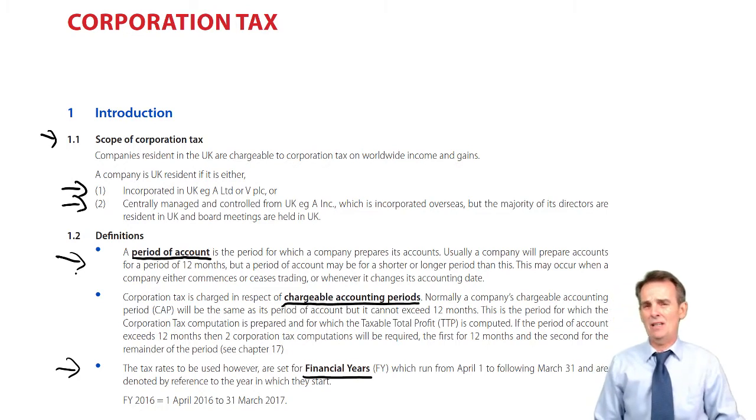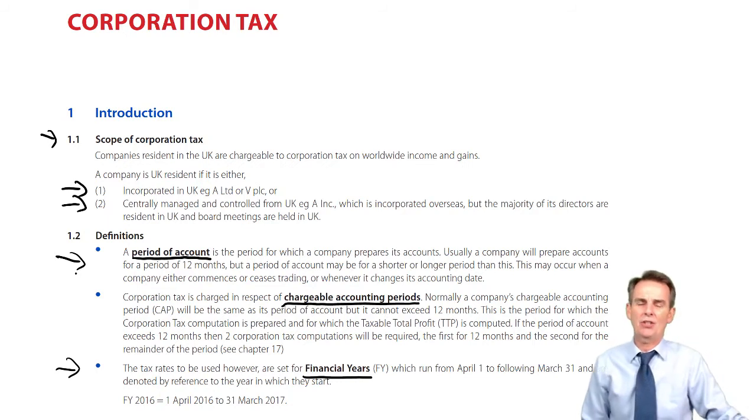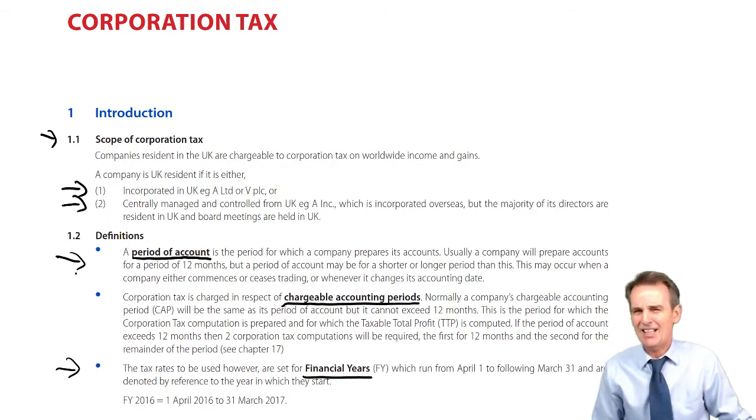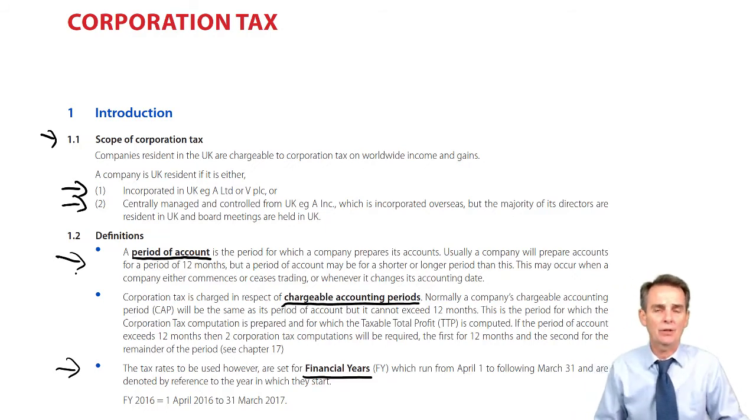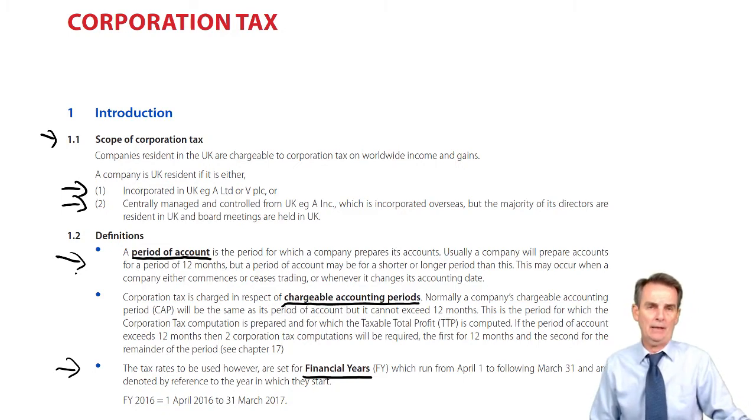Or as that is only 3 months into this business starting up, it's got better things to do than be preparing and presenting the accounts. It may prepare a long opening period all the way through to the following 31st of December, say the 31st of December 17, and therefore have a 15-month period of account.